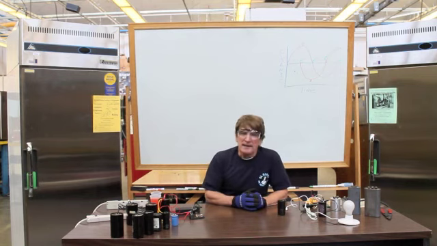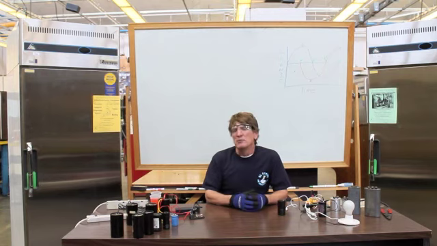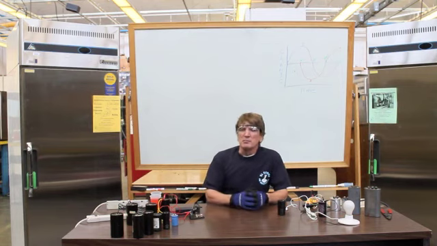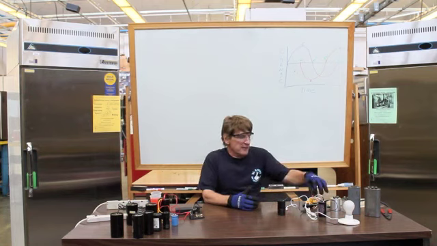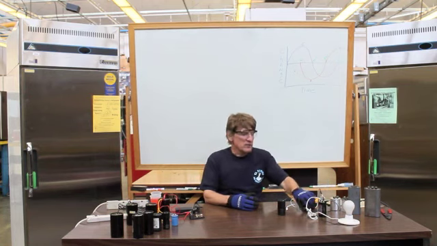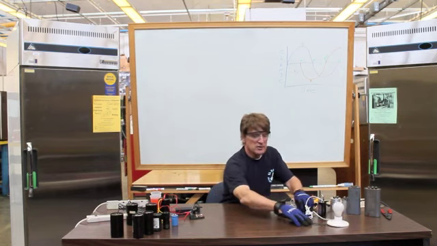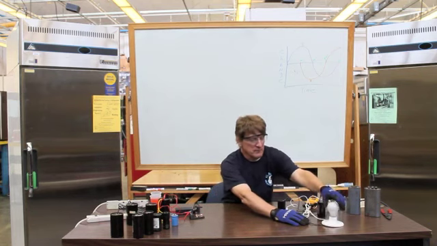Now in AC, capacitors can be used to create a phase shift. It becomes very important when we're trying to start motors, to give that rotor the opportunity to start the motor in the proper direction. What I have here is 115 volts. I have the black lead going straight over to the light bulb.